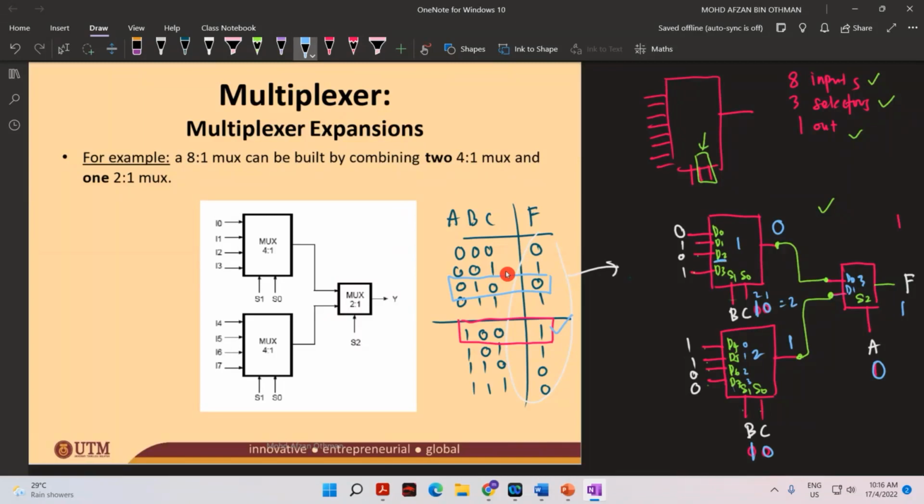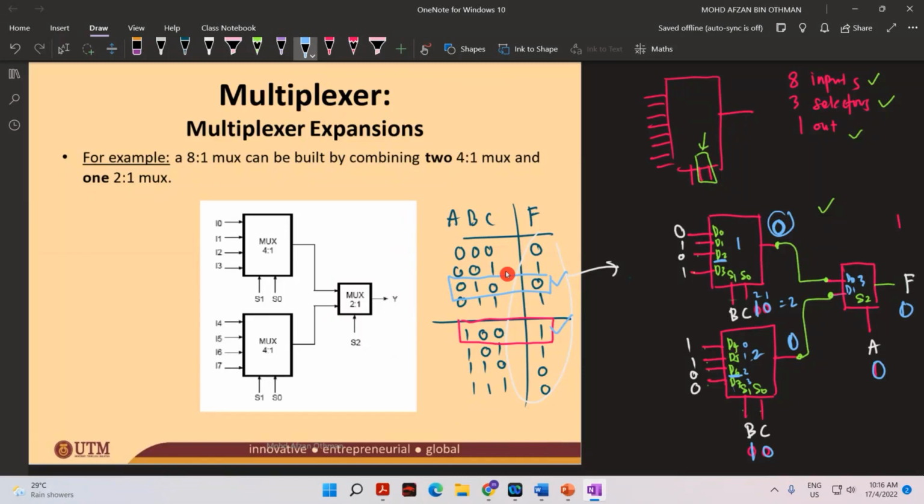So D2 kita 0. So yang ni 0. What about this one here? Pun 2 jugalah. So dia akan ambil daripada yang ni. So this is a 0. And yang ni 0. So dia akan ambil yang atas lah. So output kita 0. Which is betul juga. Okay. And if you try another numbers pun, kamu akan dapat benda yang sama. Sebab kita punya sambungan dah betul.